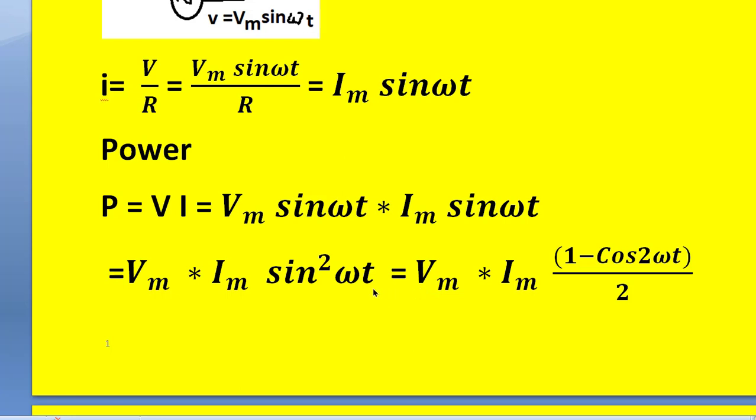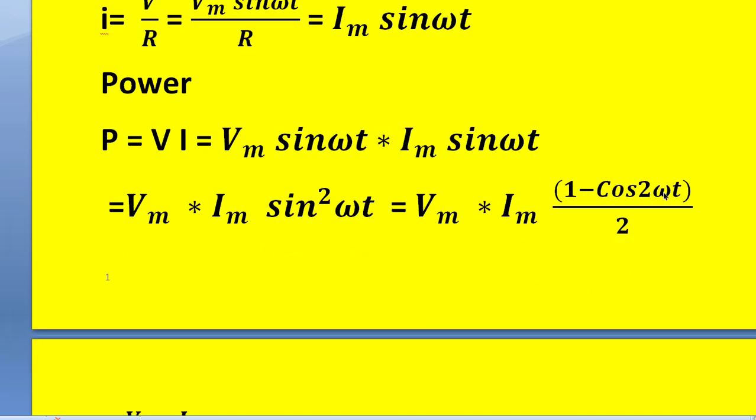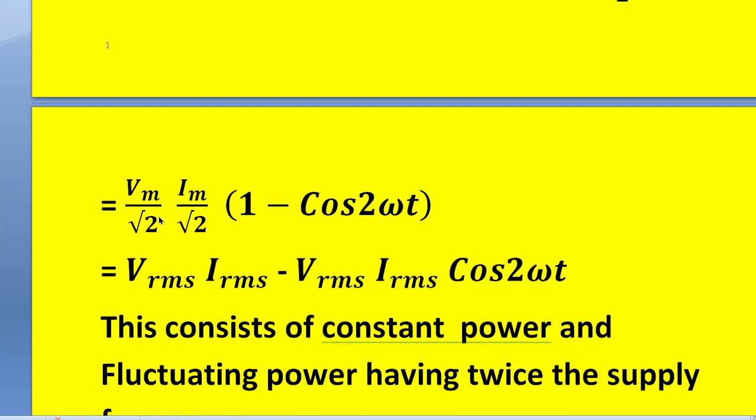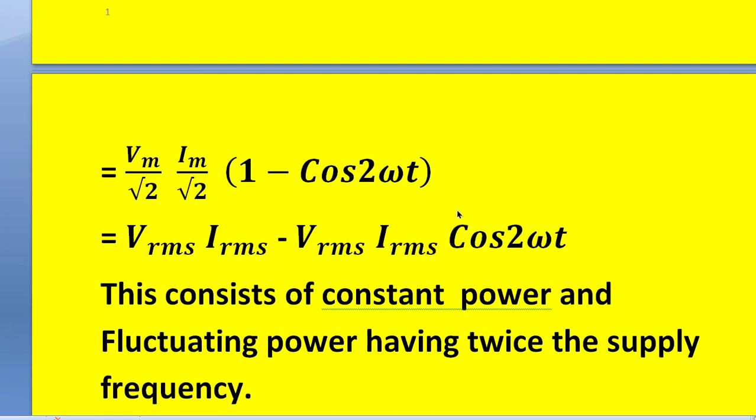This sin square omega t we can write in terms of cos as 1 minus cos 2 omega t by 2. Bring this 2 here and write it as root 2 into root 2. So Vm by root 2, the other one is Im by root 2, into 1 minus cos 2 omega t.